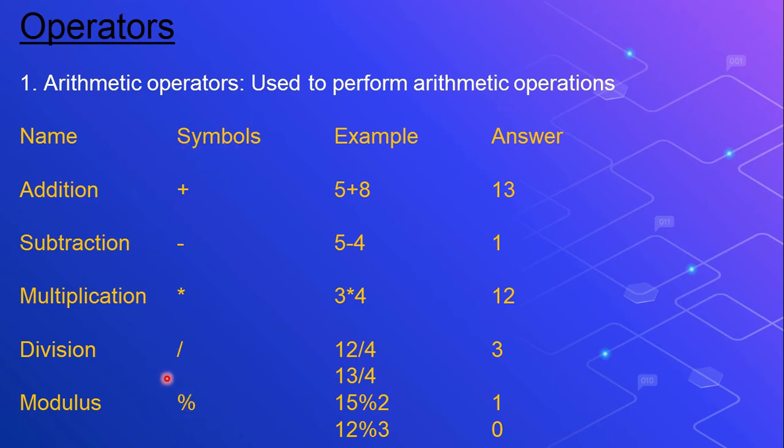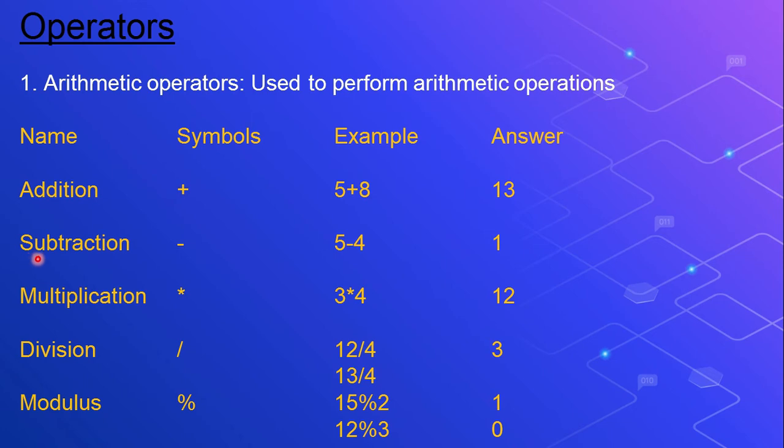These symbols are called operators. In the arithmetic category we have 5. Plus symbol is used for adding two numbers. 5 plus 8. 5, 8 both are operands and plus is the operator. So you will be getting the answer as 13.